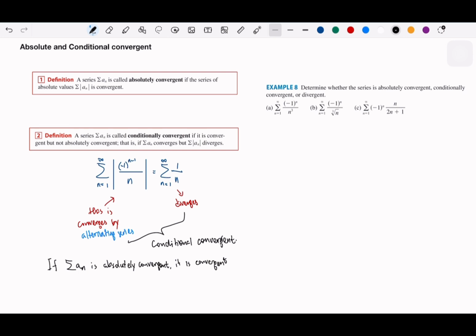So first, you can check using the alternating series theorem. By the alternating series theorem, there are only two requirements. The sequence should be decreasing, and the limit is going to be 0.